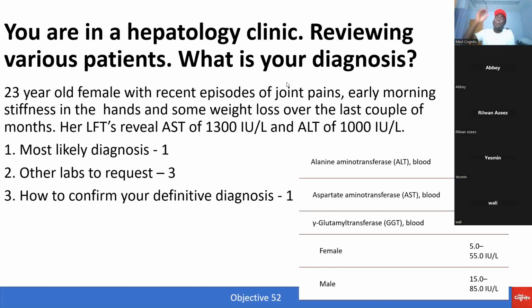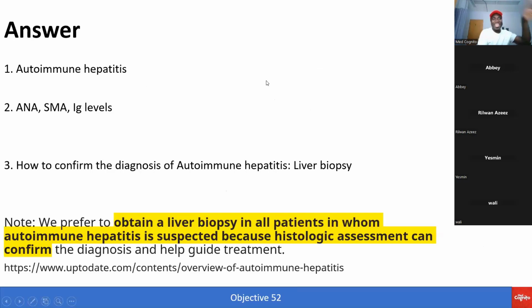Kathleen got it right. Biopsy, liver biopsy. So it is autoimmune hepatitis. Other investigations you want to request will be ANA, SMA, IgG levels, and how you're going to confirm the diagnosis is liver biopsy. Where am I getting this information from?